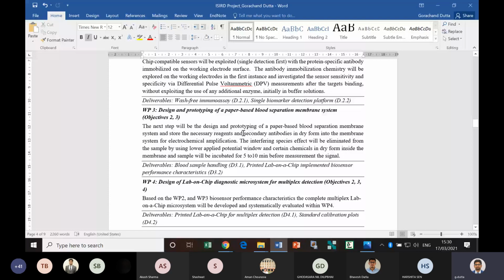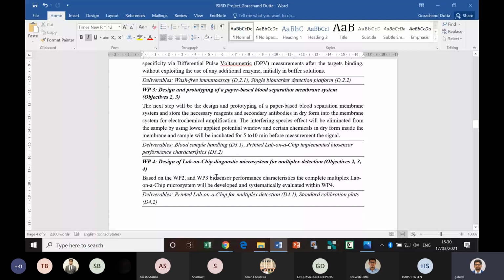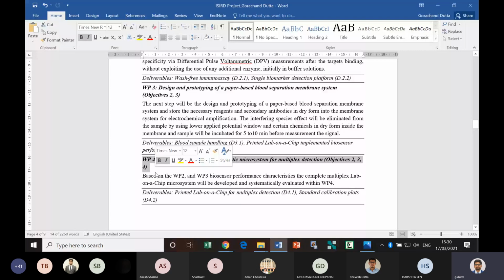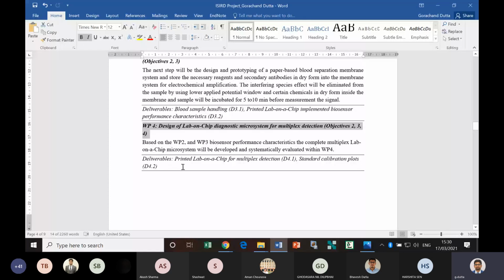We can try single detection one by one. Then in this work package we can combine them, right? Then it becomes the multiplex detection. That's why in this work package we will address the multiplex lab on a chip biosensor development. So this is the work package, and I mentioned the deliverable here.